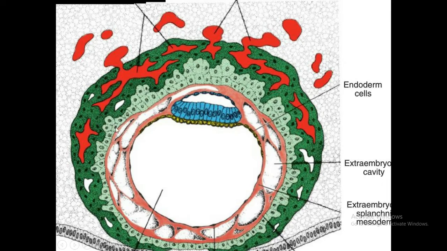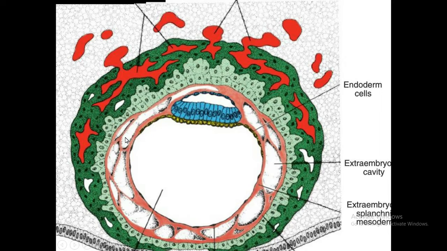Here we see a new space between the primitive yolk sac and the cytotrophoblastic cells. This loose connective tissue layer is known as extraembryonic mesoderm.